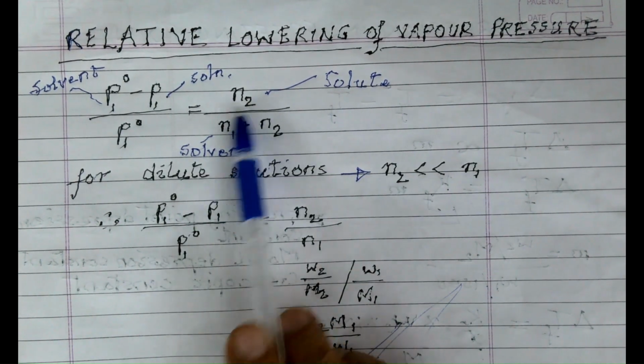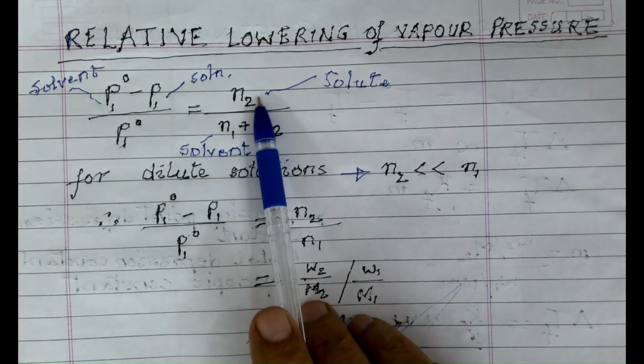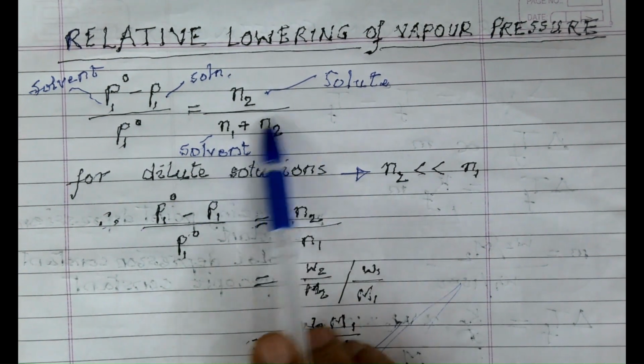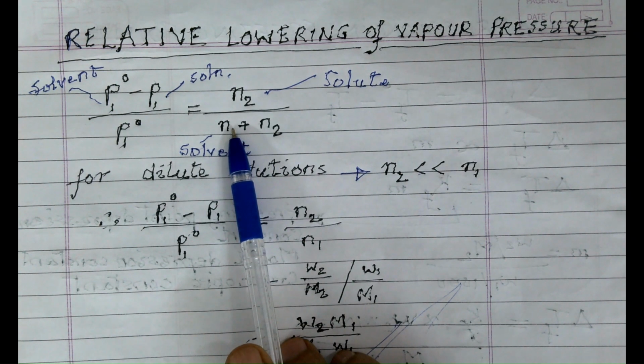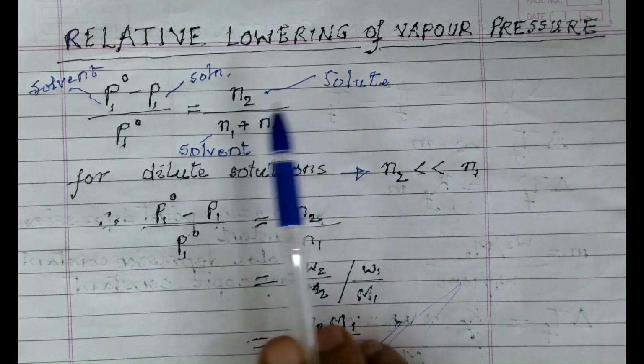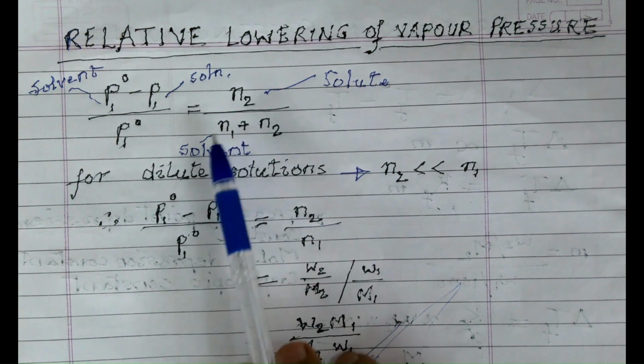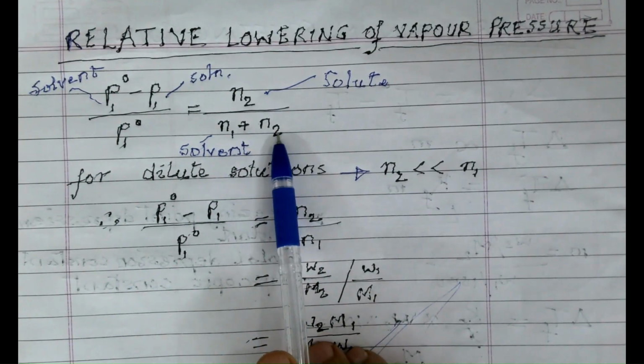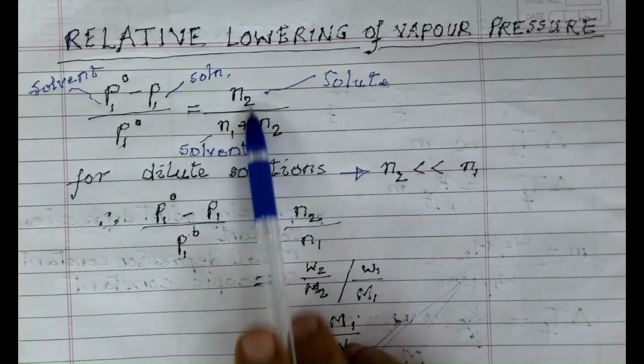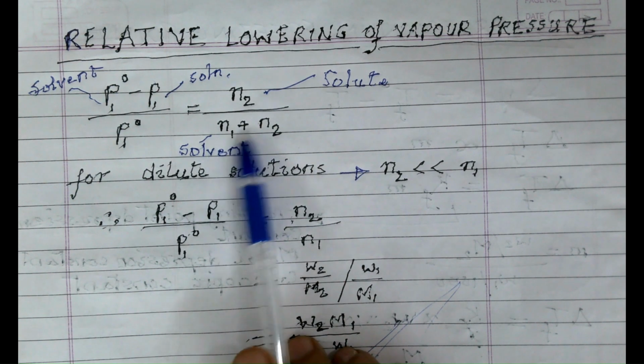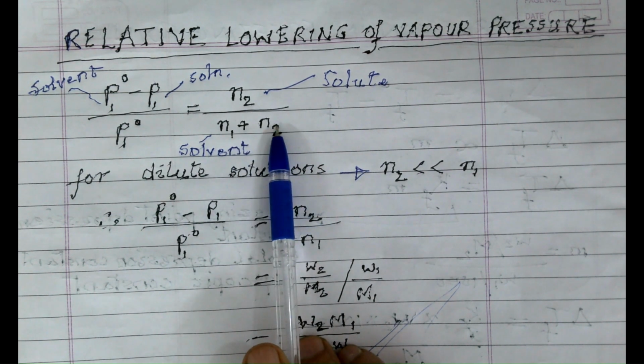What mole fraction is, is known to us: the number of moles of the solute upon the total number of moles present in the solution, that is, the number of moles of the solvent plus the number of moles of the solute. So it is N2 upon N1 plus N2.